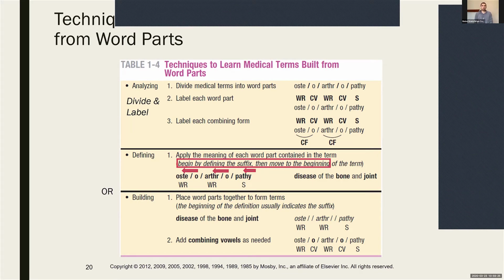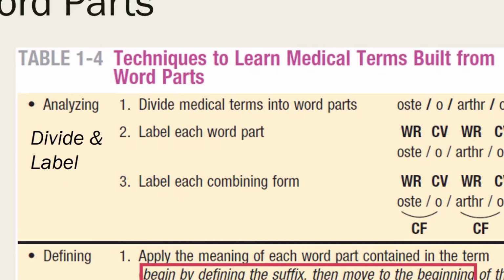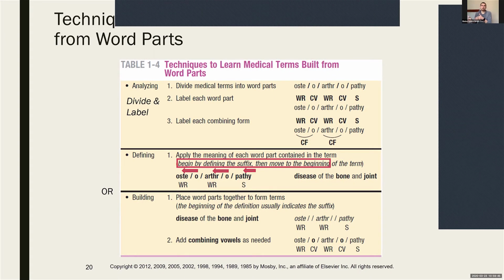So breaking this down a little bit deeper, and this is really the heart of medical terminology. If there's one thing you take away from any of this course, and particularly this lecture, Table 1.4 is very key to that. This is how we break up the words and divide them in order to understand their parts.